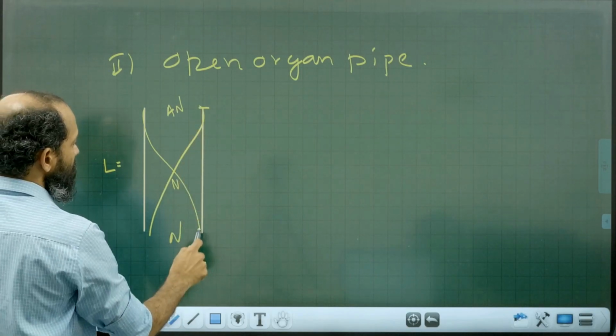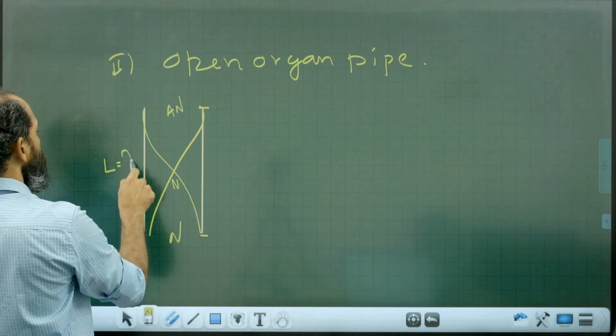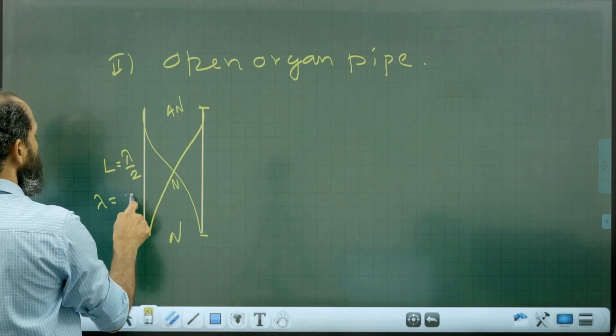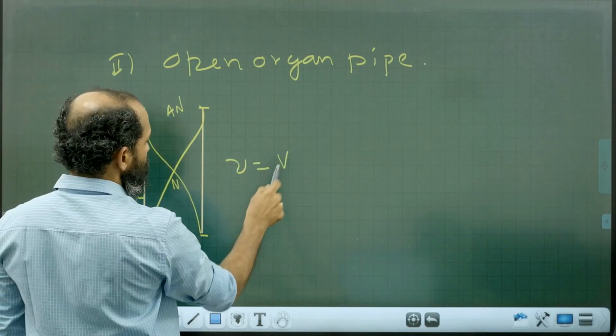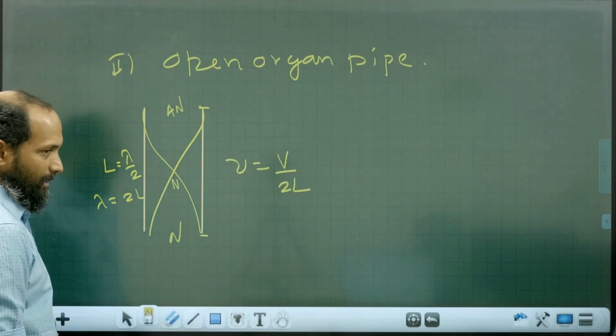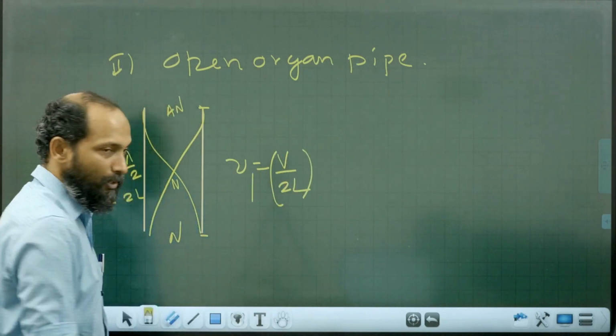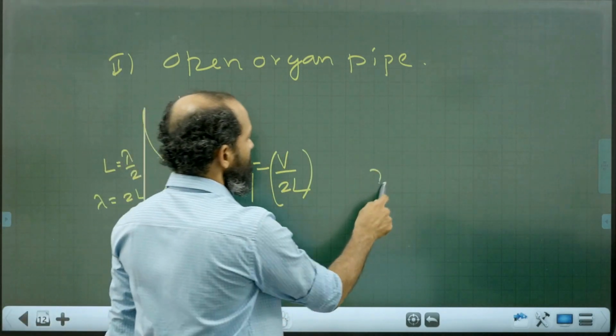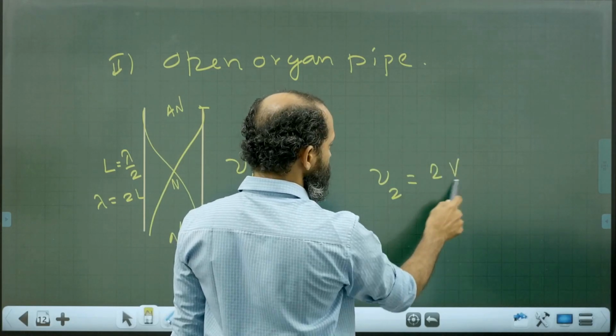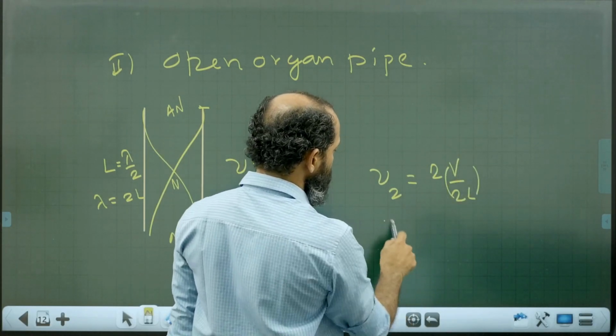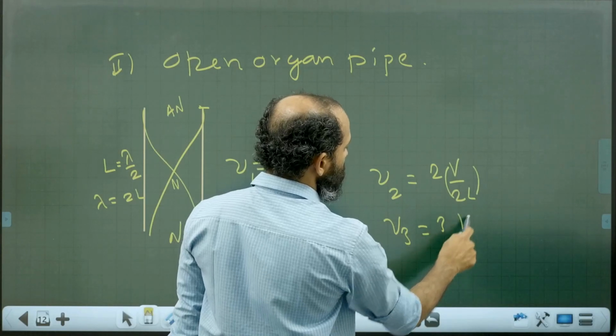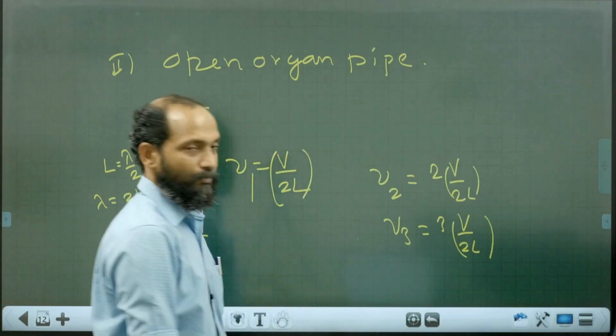The distance of separation here will be lambda by 2. So L equal to lambda by 2, lambda equal to 2L. Nu equal to V by lambda, so V by 2L is the first harmonic. The second harmonic is 2V by 2L, and successively nu3 equal to 3V by 2L, and so on.